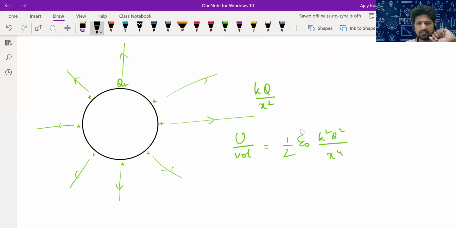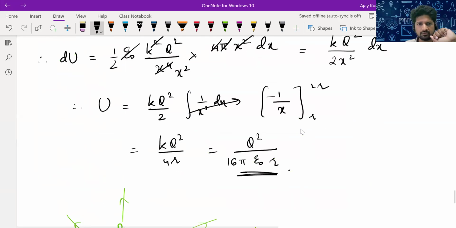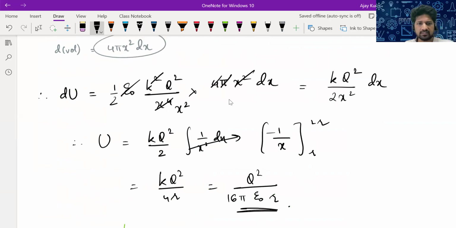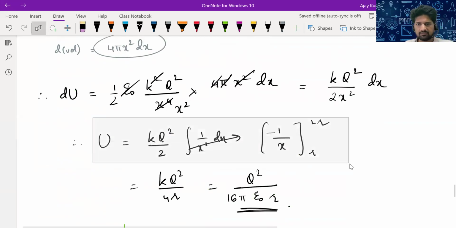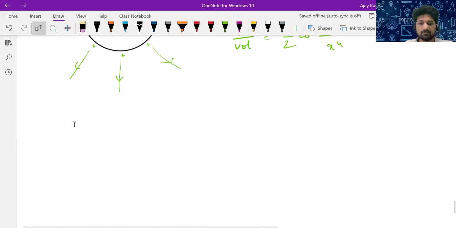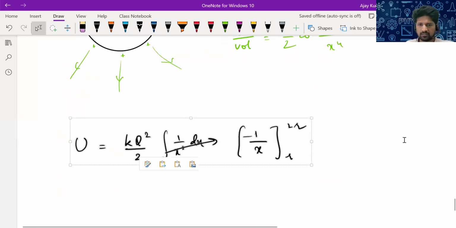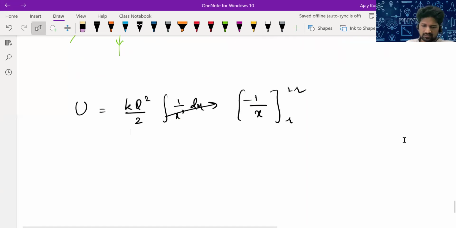It will extend up to infinity. So you just have to change the limits of this integral. Same field, same volume, same elemental volume and all. Only the limits will change from starting distance r, which is the radius of the sphere, to final distance infinity.